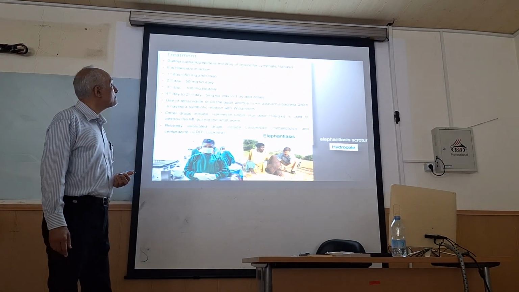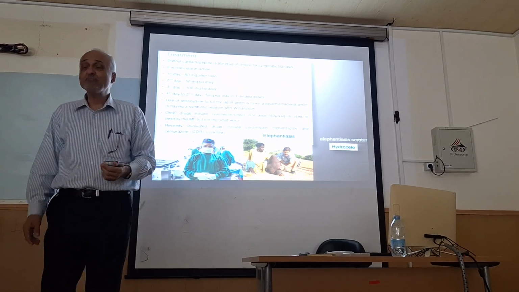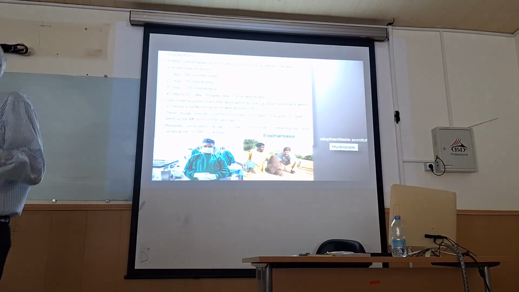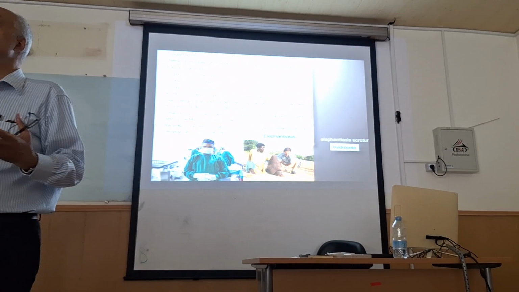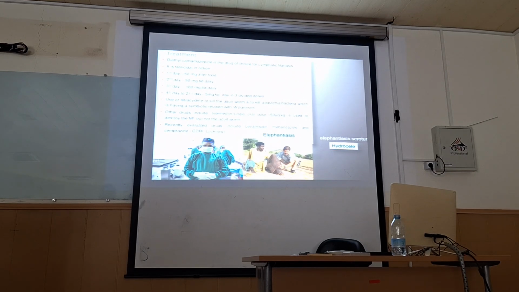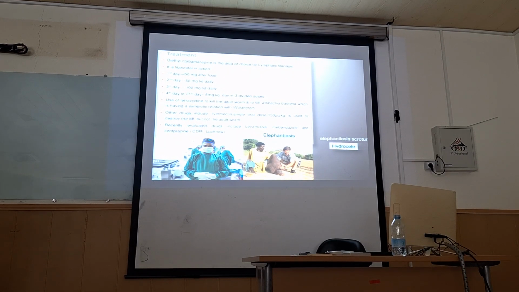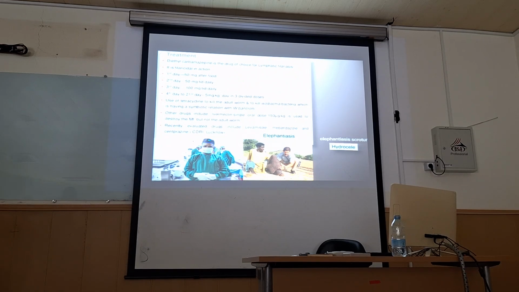a symbiotic relation with Wuchereria bancrofti. This is another point of view, another matter that attracts researchers to work on it. This bacteria, Wolbachia, lives inside the worms, inside the filaria.